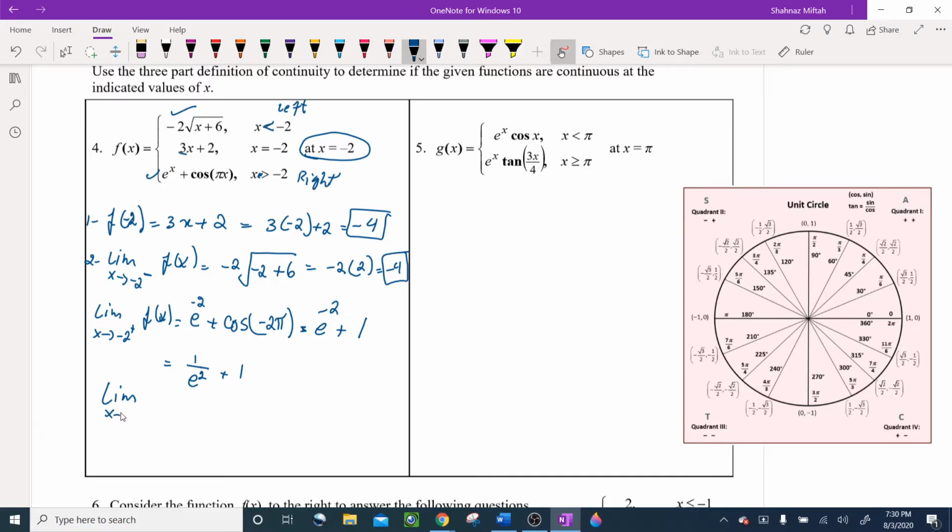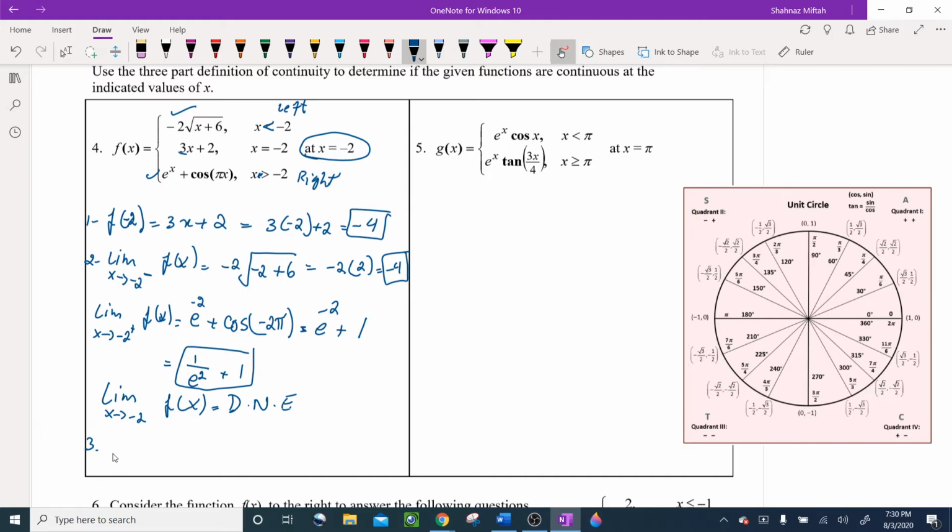The limit as x approaches negative 2 of f of x does not exist because the limits from the left and right are not the same. This one is negative 4 and this one is 1 over e squared plus 1. Now the third condition was whether the defined point and the limit are the same.